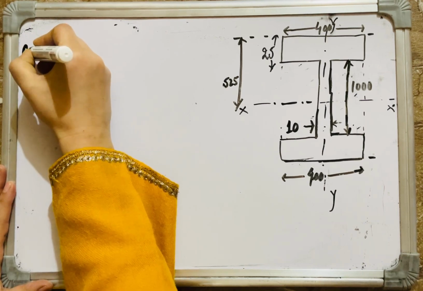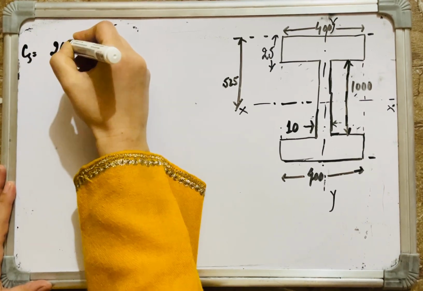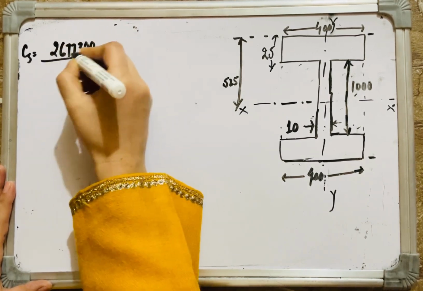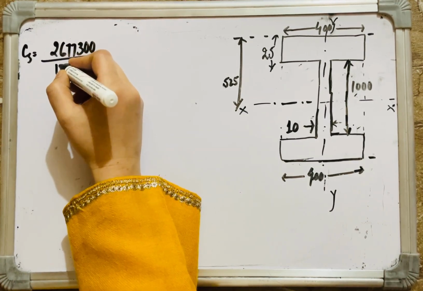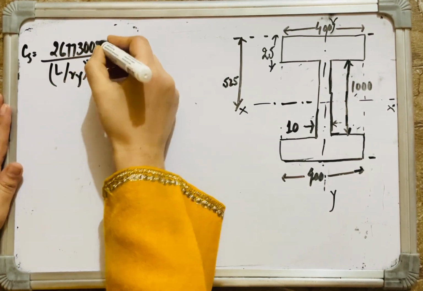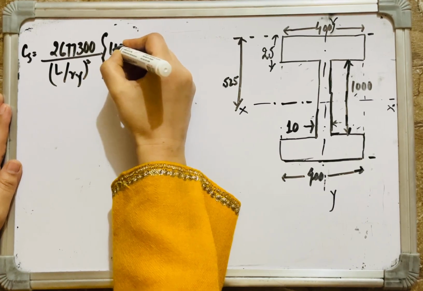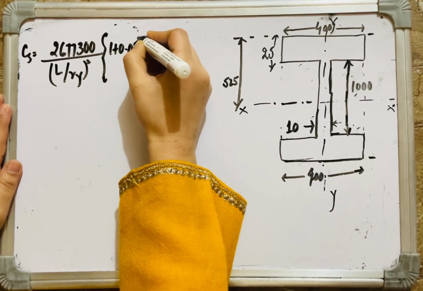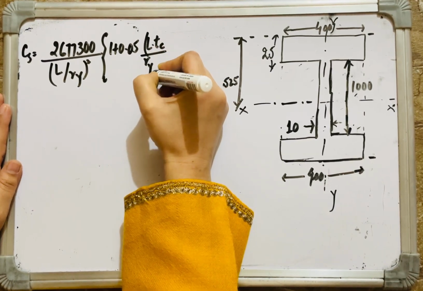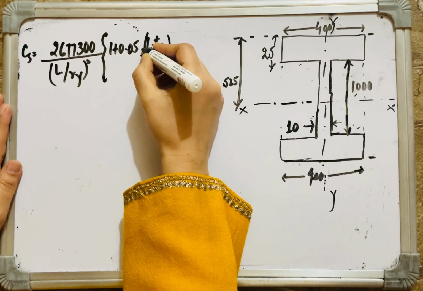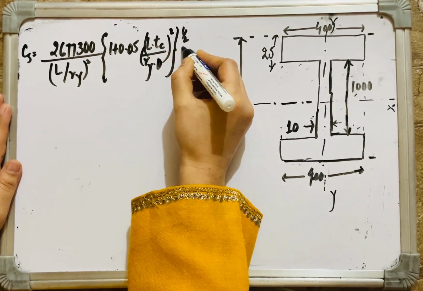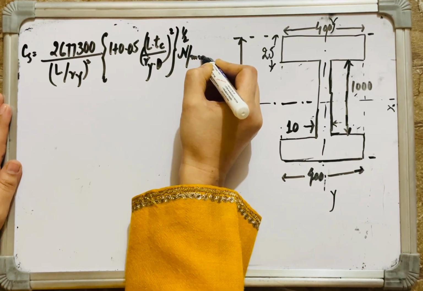Elastic critical stress is given by 2677300 divided by L divided by Ry, square of it, into 1 plus 0.05 L T_C divided by Ry multiplied by D, square of it, whole raised to the power 1 by 2, and the unit will be Newton per mm square.